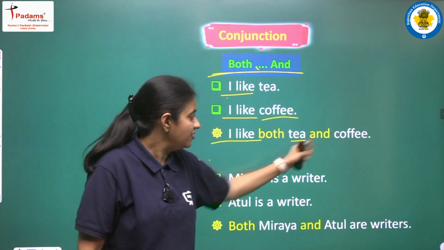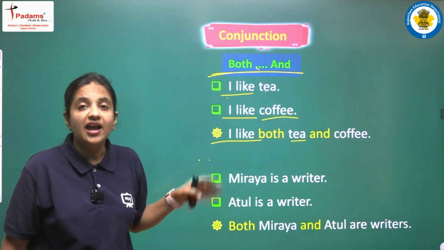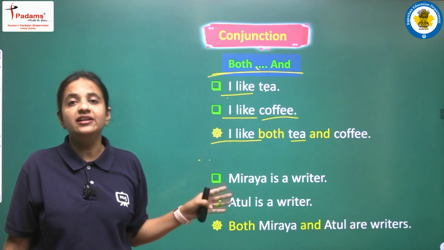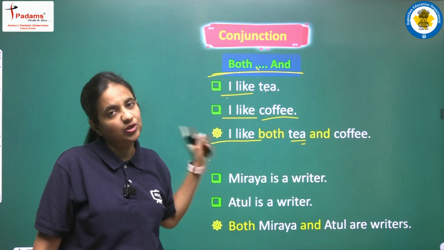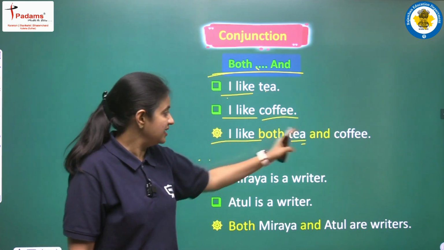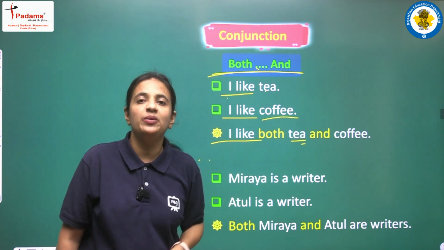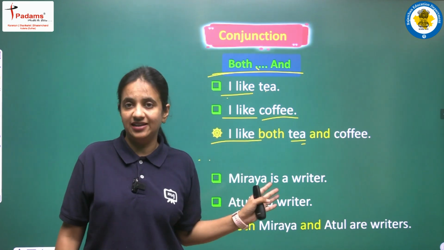In this manner we make the sentence, and the complete sentence will be: I like both tea and coffee. Here we are talking about two things, so yes, we can use both and in this sentence, and in this manner we join these two sentences into one sentence.